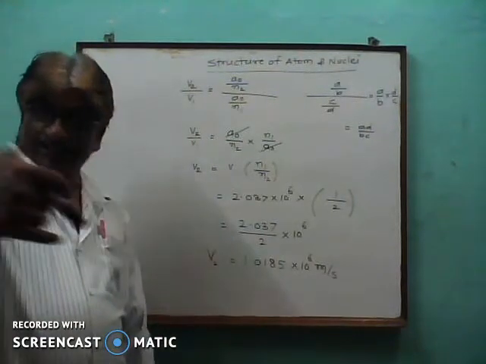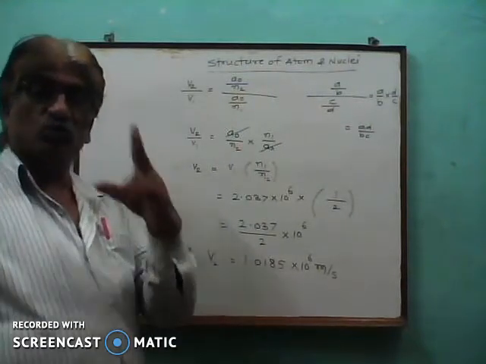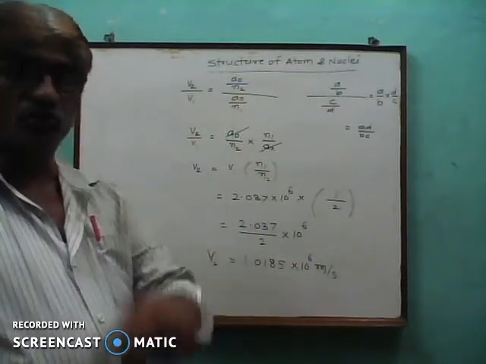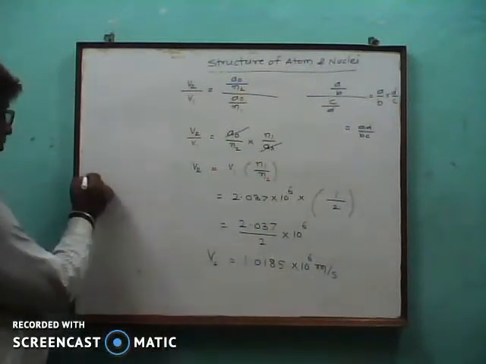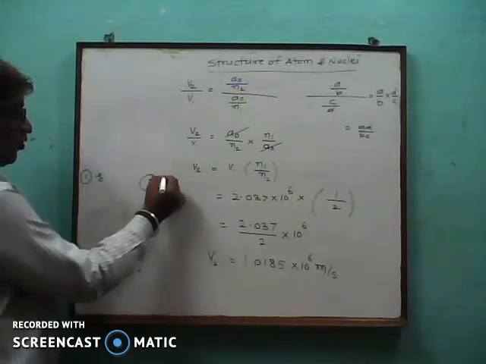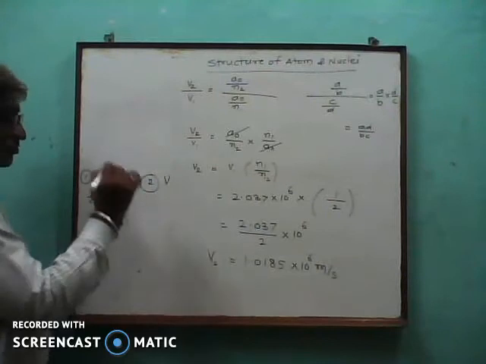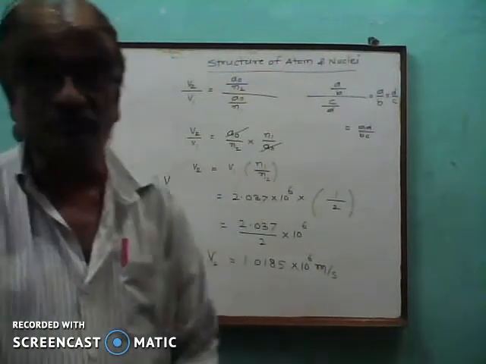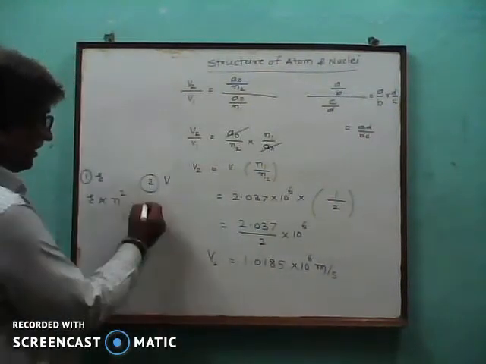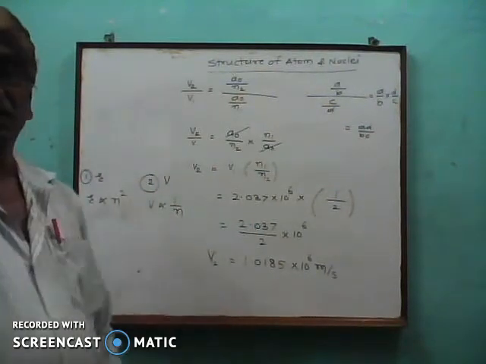Means velocity decreases. We have studied two formulas: number one, radius, and number two, velocity. Radius is directly proportional to the square of the principal quantum number. Velocity is inversely proportional to the principal quantum number.